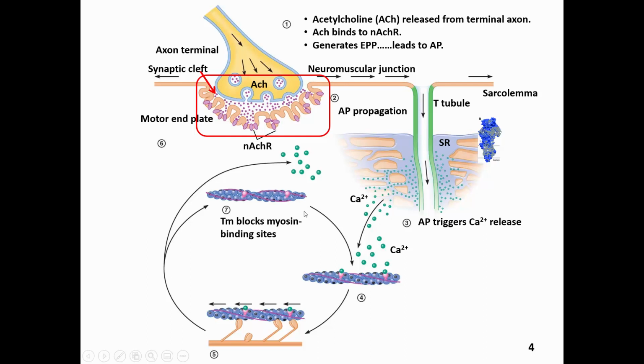Normally, a protein called tropomyosin, which will be discussed in more detail in a subsequent video, will block binding sites for the myosin ATPase.